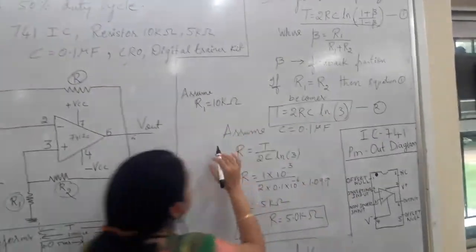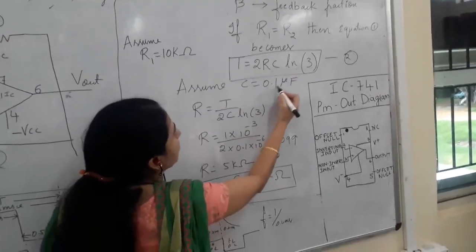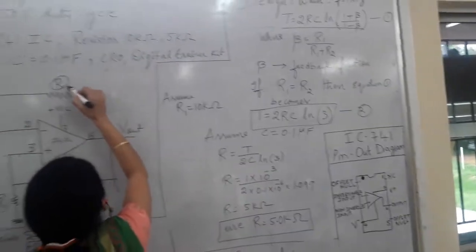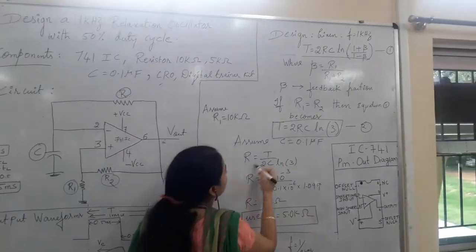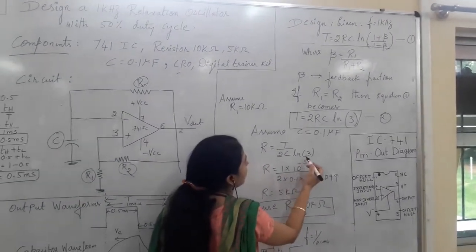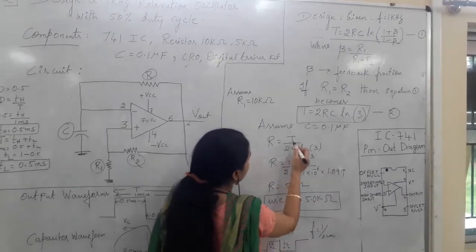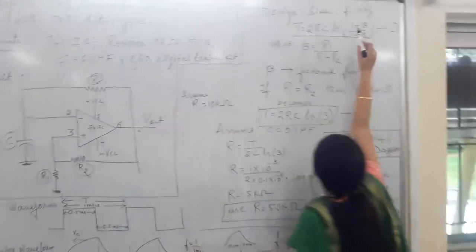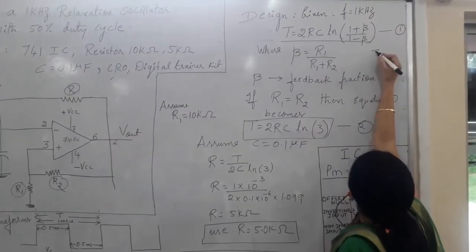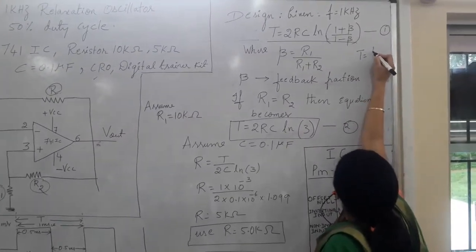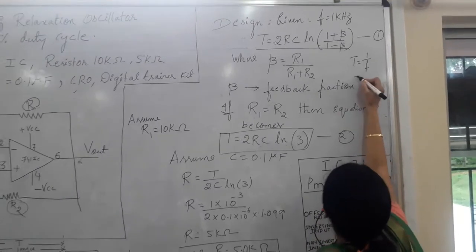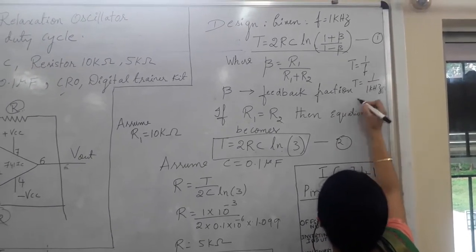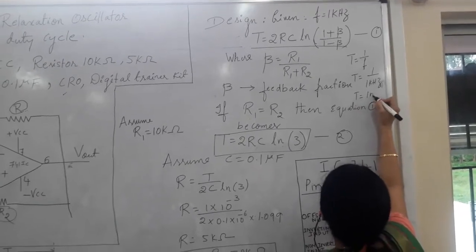We have to assume a few values: the capacitor as 0.1 microfarad, and from this equation we need to find the value of R. So R will become T by (2C into ln 3). Substitute T as 1 millisecond, because the frequency is given as 1 kilohertz. We know that T is equal to 1 by F, that is T equals 1 by 1 kilohertz, so T will become 1 millisecond.